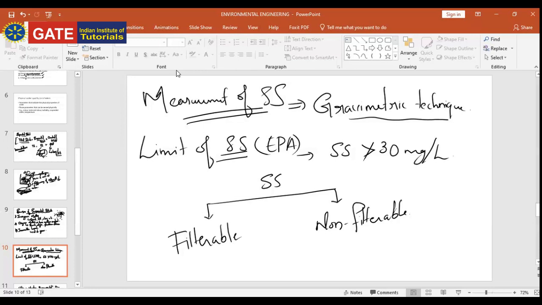Now what about the third one? It will provide a binding area for the disinfection processes or any other treatment processes. Let's think about it this way: we have a suspended solid particle and we have microbes inside the water. Now, this microbe will go and hide behind the suspended solids.